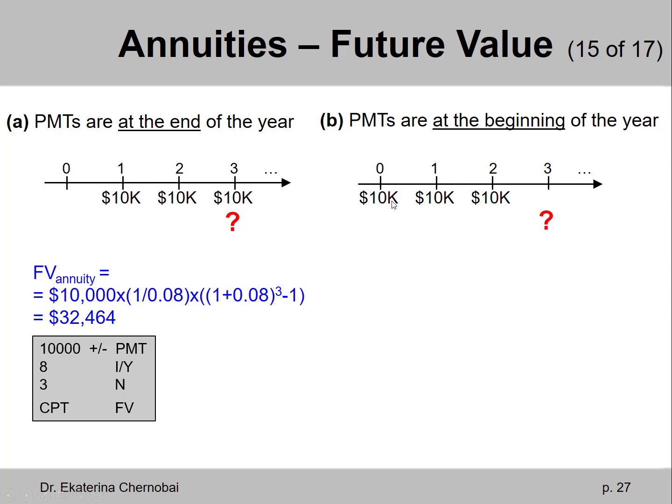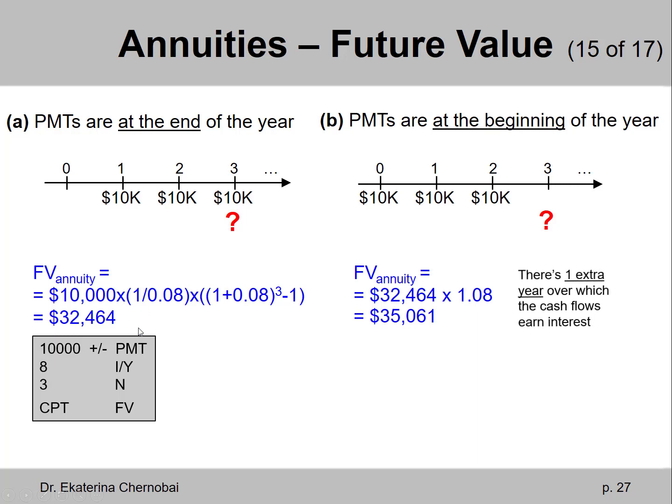So the very first deposit will sit in the account for full 1, 2, 3 years, as opposed to case A, in which the very first $10,000 will earn interest over only 1, 2 years, right? And so on. And so a much easier way to find the future value for case B is to take the answer from case A, which we already have, and add in 1 year worth of interest, right?